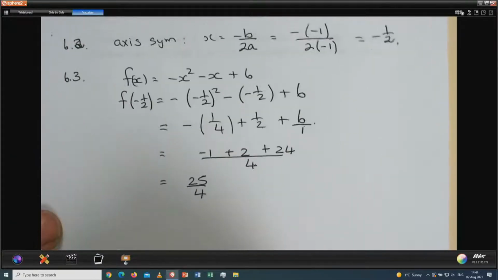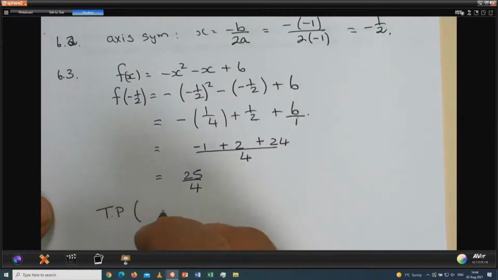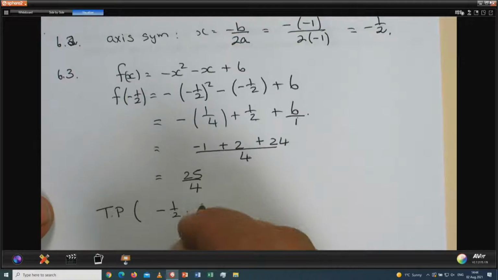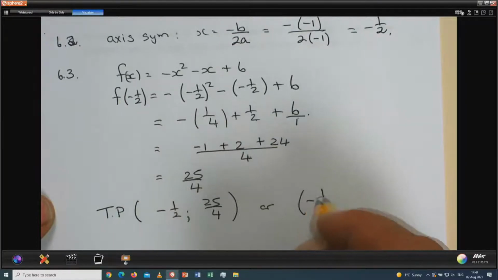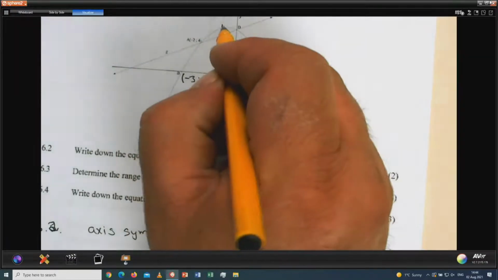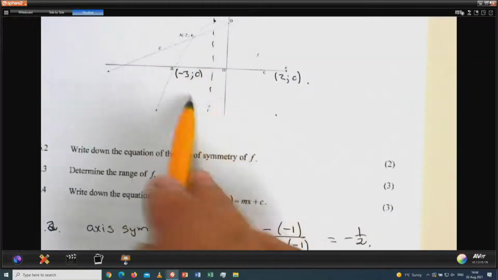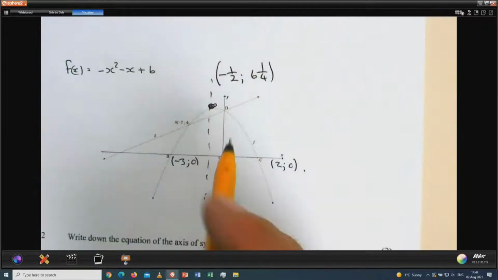Right, so your turning point in this case is (-1/2, 25/4), which is 6 1/4. That's your turning point. So your range here will be all the y values less than or equal to 6 1/4. Which y values will hit the graph?